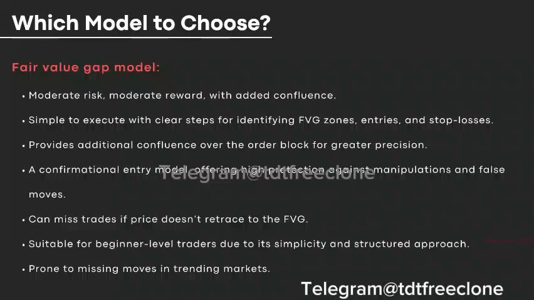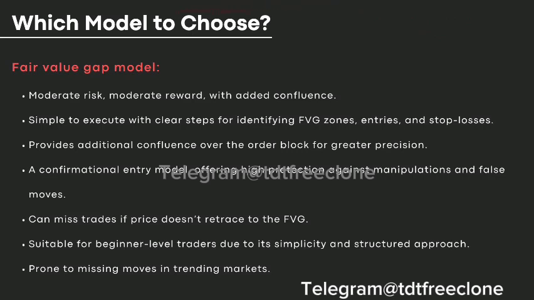Now let's move on and discuss the last entry model, which is the fair value gap model. Right here you can see the different points of the FVG or the fair value gap model. First of all, it also offers a moderate risk and a moderate reward. It provides an additional confluence over the order block model, which gives you greater precision.